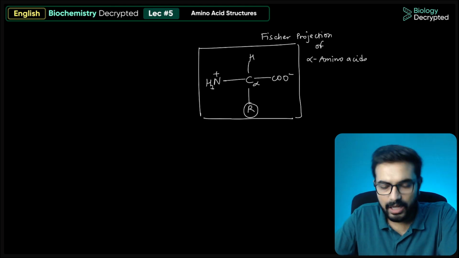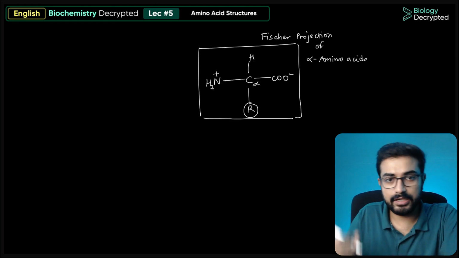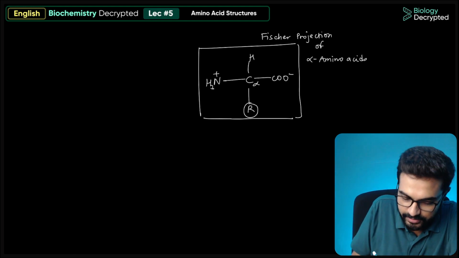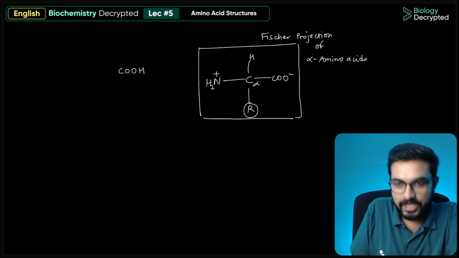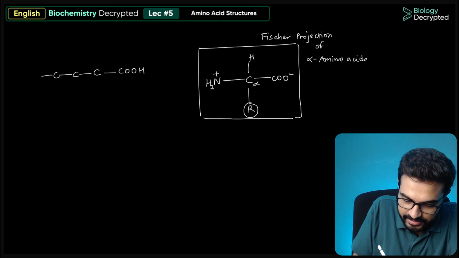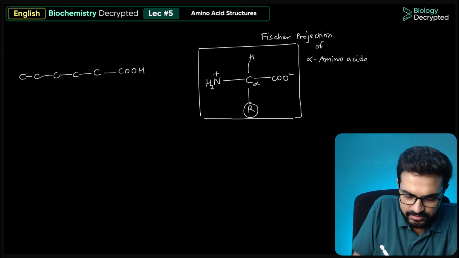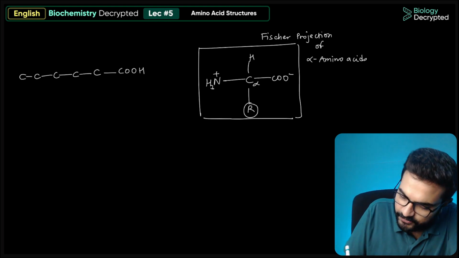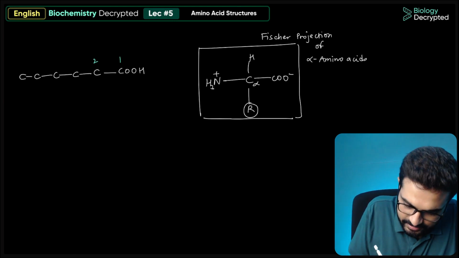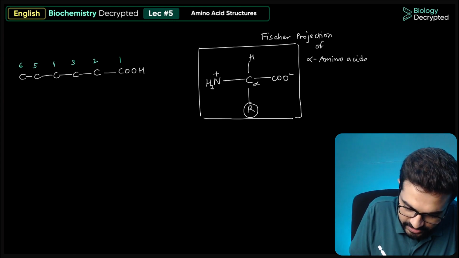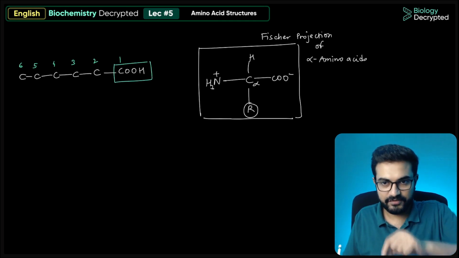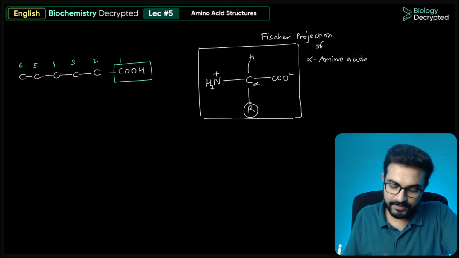Now, there is one more important thing. If there is a long R chain with multiple carbons, how will we denote it? The answer lies in chemistry again. This is how we'll write COOH, then carbon, carbon, carbon, carbon. This is how we can keep on writing carbons. Now, if we number it following the IUPAC system, this will be 1, 2, 3, 4, 5, 6. We'll always start with the functional group. Since this is part of a chain, we'll start the numbering from the carboxylic carbon itself.